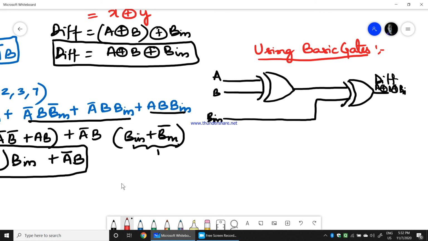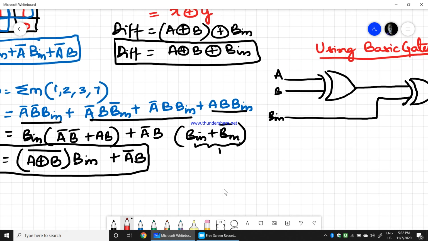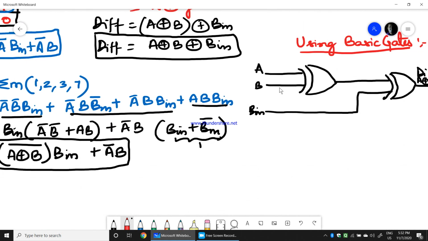Now coming to borrow, borrow is A XOR B the whole bar into B in. So I'll take one input from here and another input from here, with an AND gate.